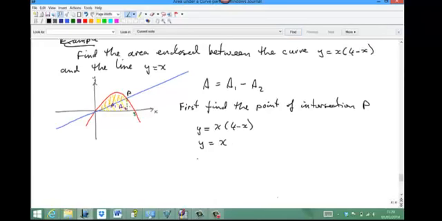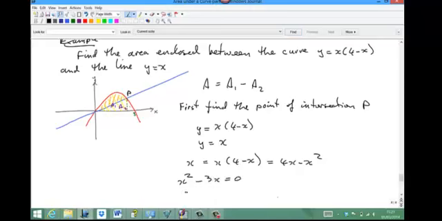We can just substitute: x equals x(4 minus x), and expanding that, x equals 4x minus x squared. If we put the right hand side over to the left hand side, we get x squared minus 4x plus x, that is x squared minus 3x equals 0.